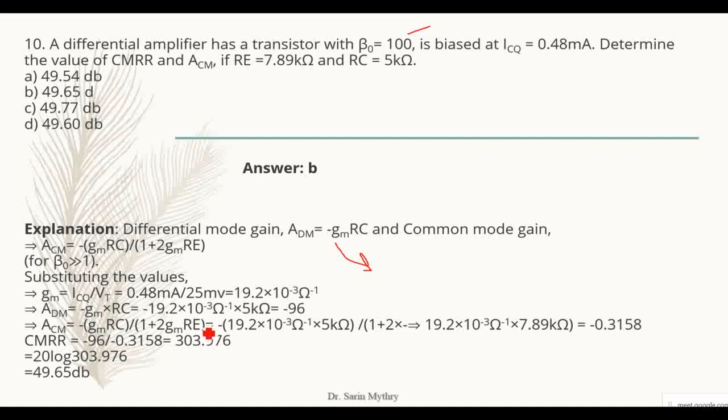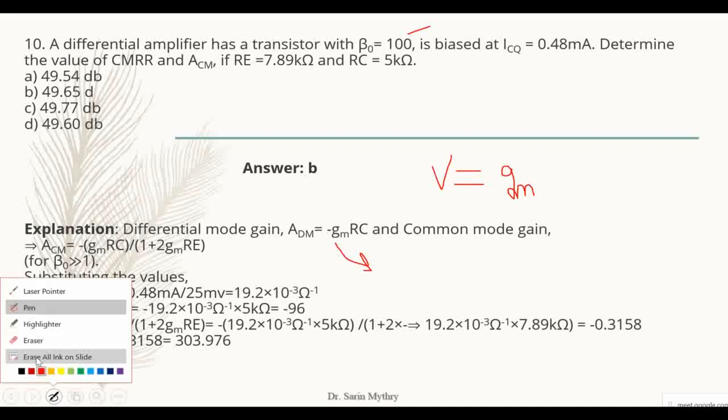Excuse me, it's not voltage equal to this one.